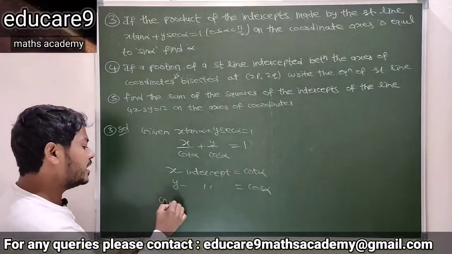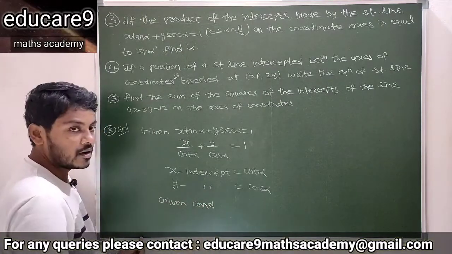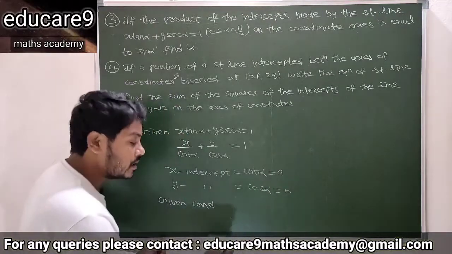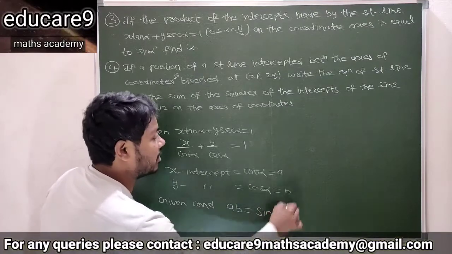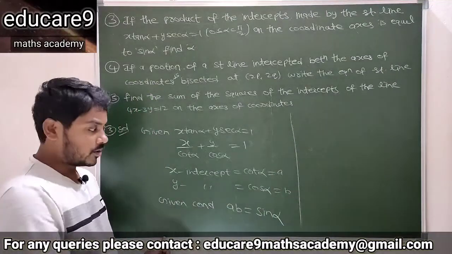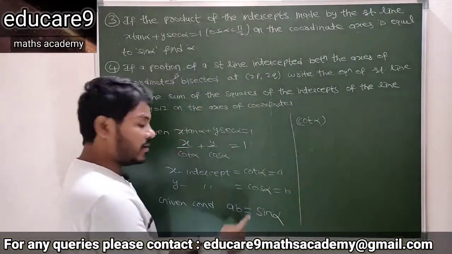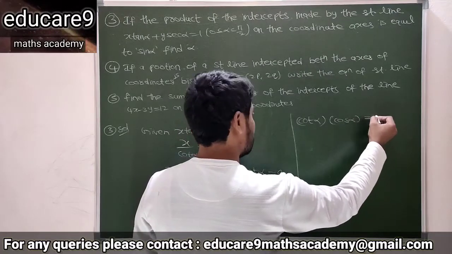So what is the given condition? Product of the intercepts. So this is a and this is b. a into b is equal to the given sin alpha. So what is a value? Cot alpha into b value cos alpha is equal to what?